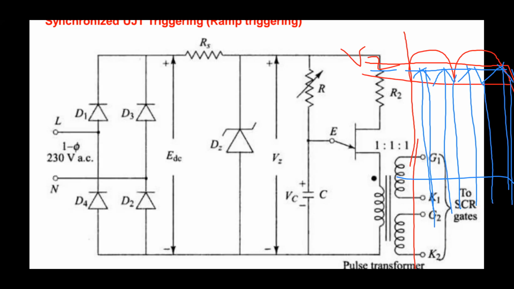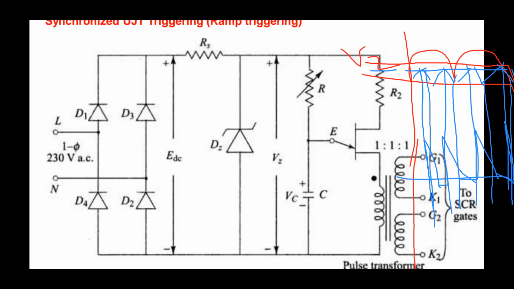When the UJT is turned on, this circuit generates pulses. The capacitor is discharging through the emitter and the primary winding of this pulse transformer, and at the secondary winding we will have these pulses.